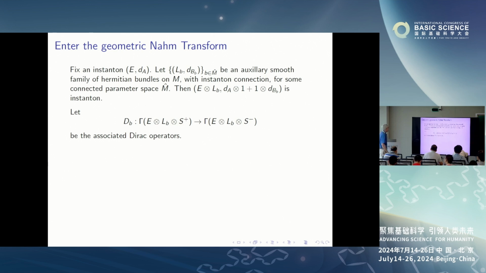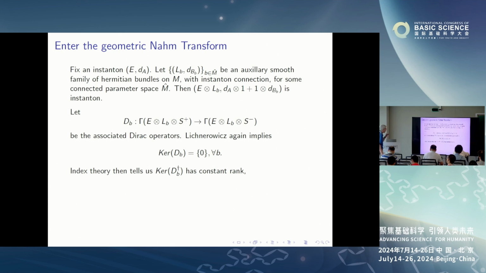We then have, once again, a Dirac operator from the bundle tensor S plus to the bundle tensor S minus. Again, the Lichnerowicz formula tells you the kernel of the operator D_B is 0. But now, because the index theorem tells you, as long as these operators are varying smoothly, so let's think of L for a minute as being, on each component of M hat, of a fixed topological type, and really I'm just going to be varying the connection.